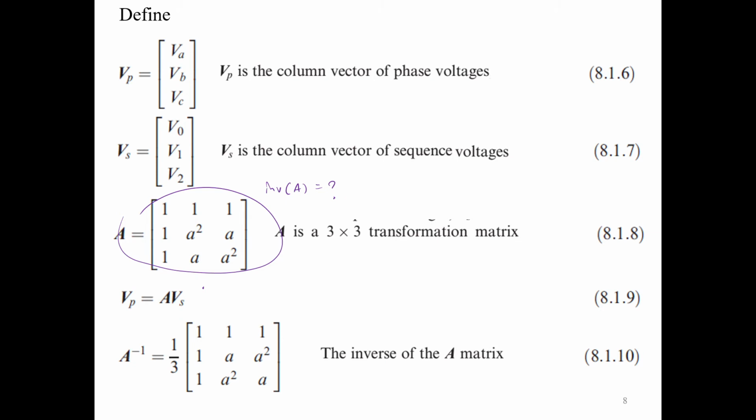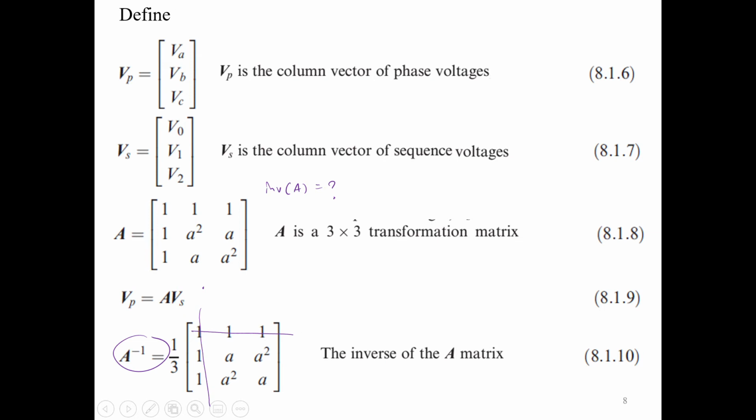People have worked on this, so I'm not going to do it in detail. The inverse of this is 1/3 of this matrix. You should compare A and A inverse. You see that the first row and the first column remain 1.